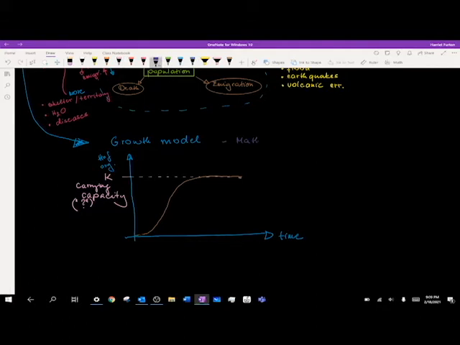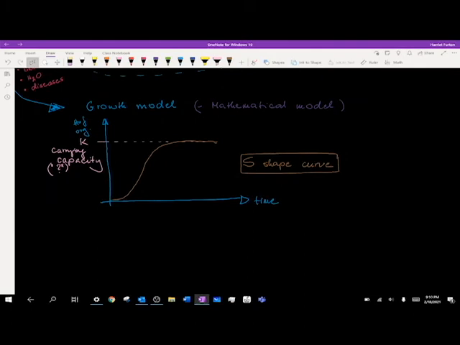I put it in quotes with a question mark, because we do not know the size. We just estimate it. This growth model is a mathematical model, and I just want to describe the growth of a population.